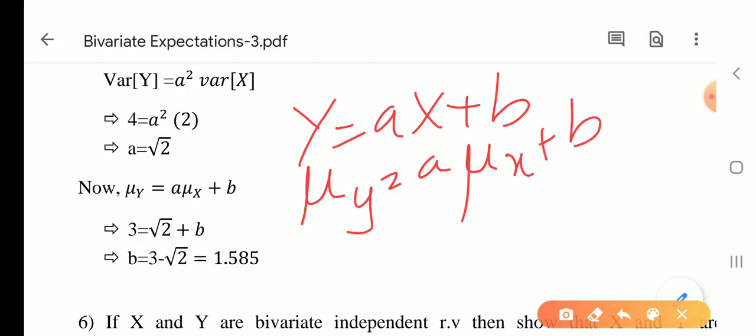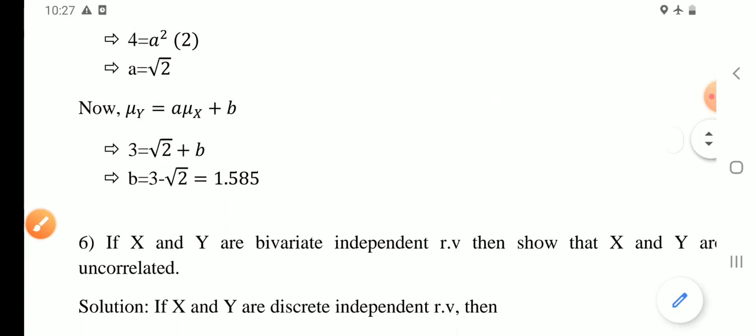Mu y, we know the value is 3 and value of mu x is 1, so 3 is equal to root 2 plus b. So value of b is 3 minus root 2, which gives 1.585. So we have found the values of a and b.